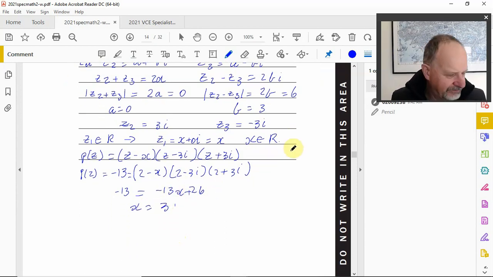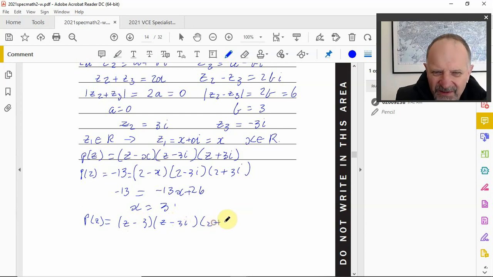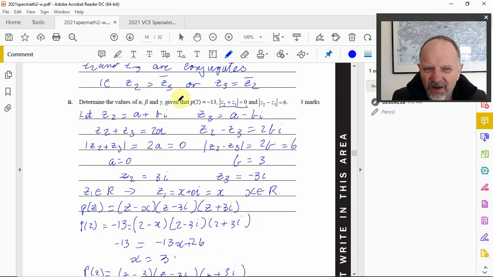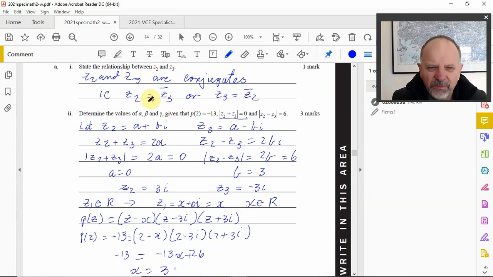So what do we have? What we have then is that our polynomial P(z) is (z minus 3)(z minus 3i)(z plus 3i). And then when you expand that, and we need to expand it because we're asked about these alpha, beta, and gamma, which of course are the coefficients of the expanded polynomial.